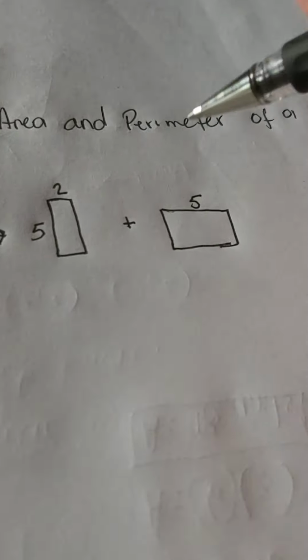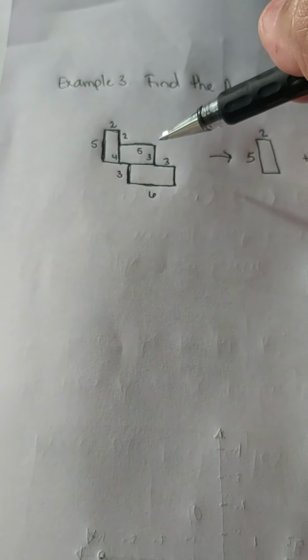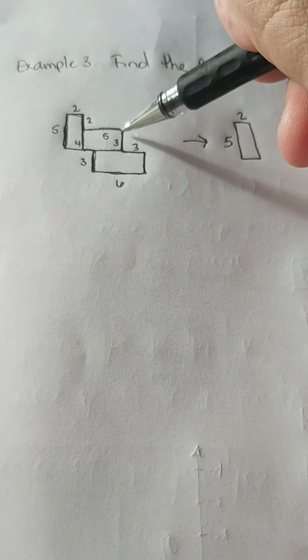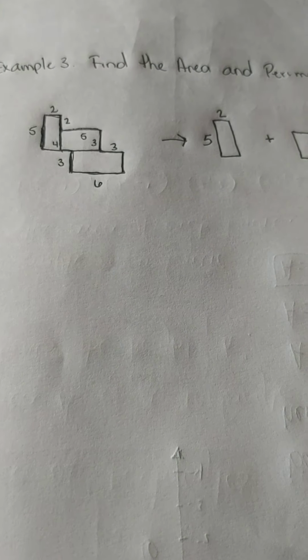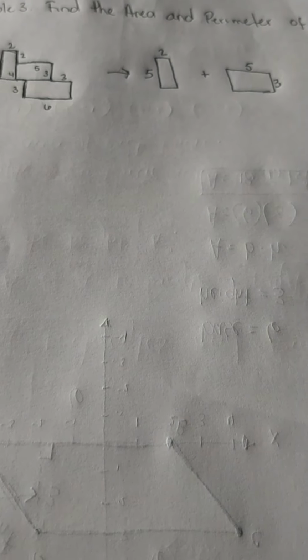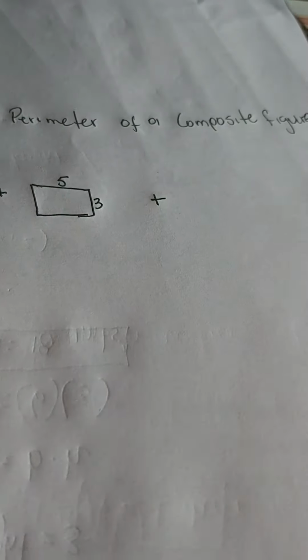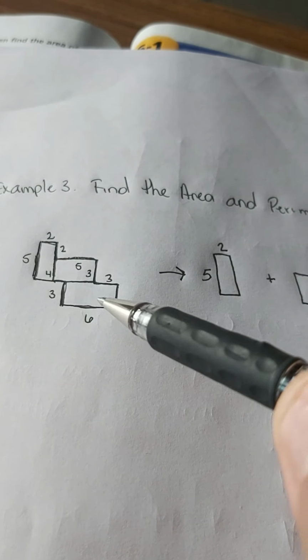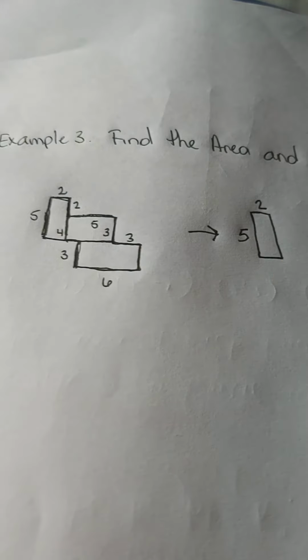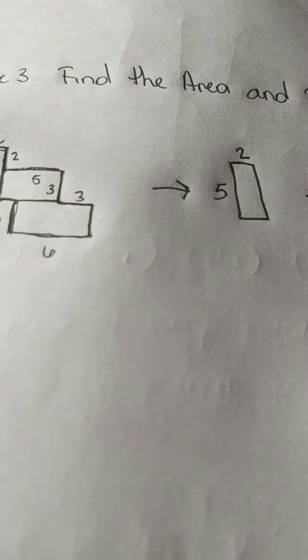This side measures 5 units. This is 5 units. And the height, this height, equals 3 units. Okay. And finally, our third figure, our third rectangle, this one, it looks something like this.